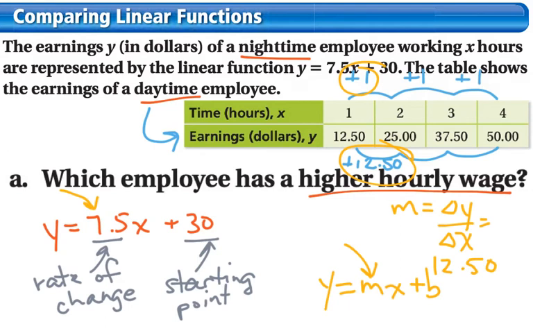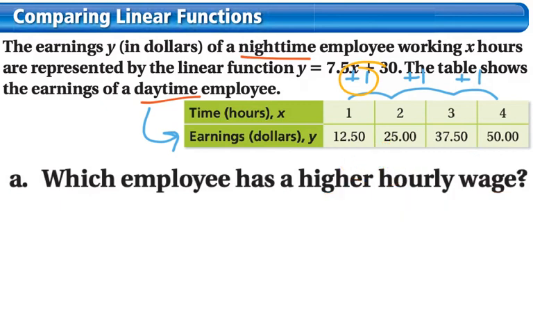So when I look at the nighttime employee, I see that they have an hourly wage of 7.5, or $7.50 per hour, whereas what we just found for our daytime employee is that they get an hourly wage of $12.50 an hour. So which employee has a higher hourly wage? It is very clearly going to be our daytime employee.